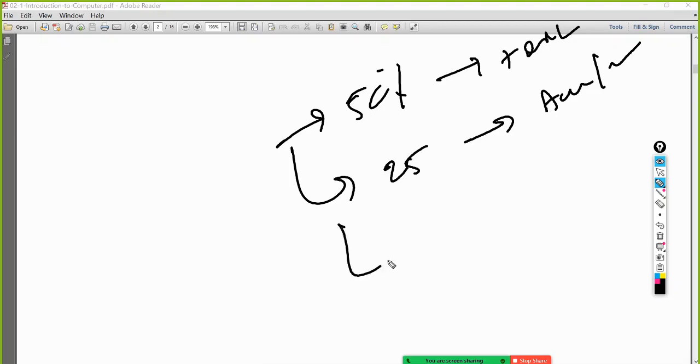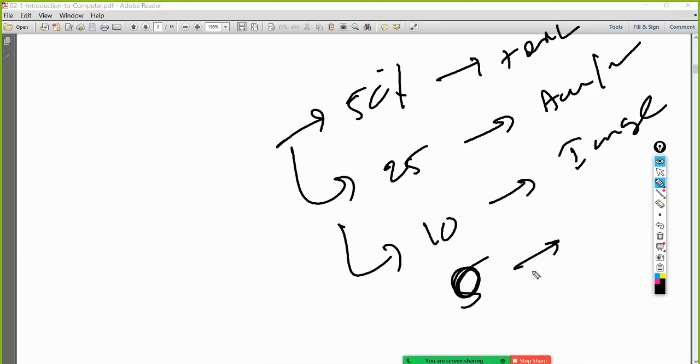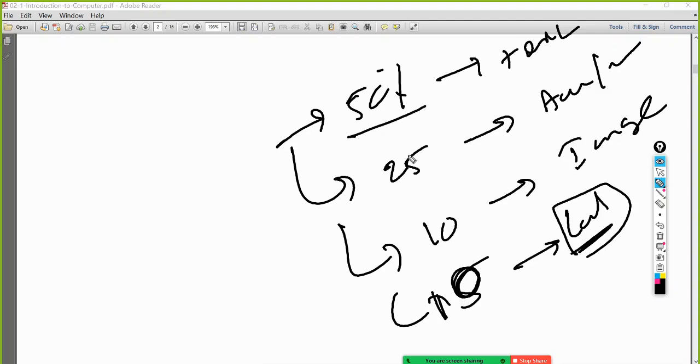Maybe another 10% for image processing, and maybe just 5% for calculations, number processing. So that means I have not bought this laptop to do calculations on numbers. I have bought it for text processing, audio and video processing, and image processing.